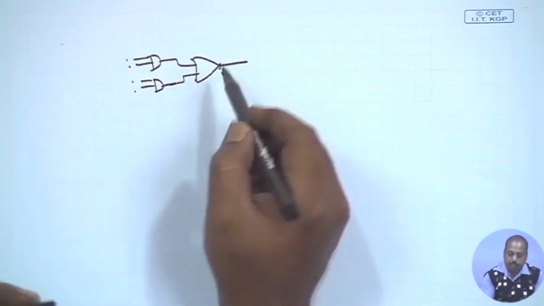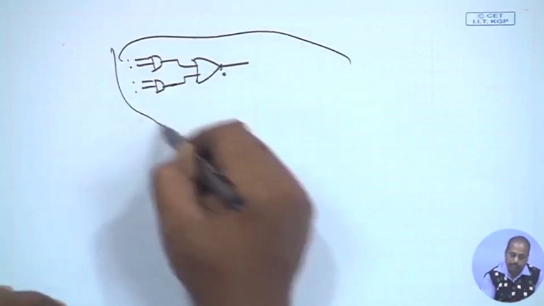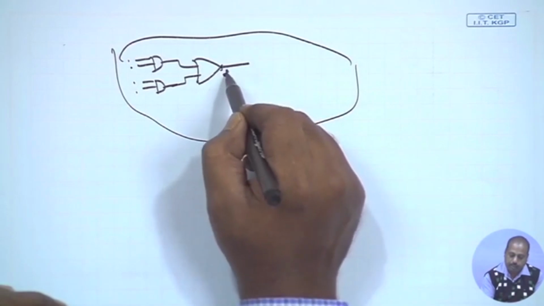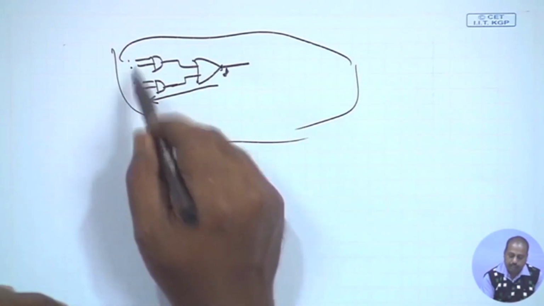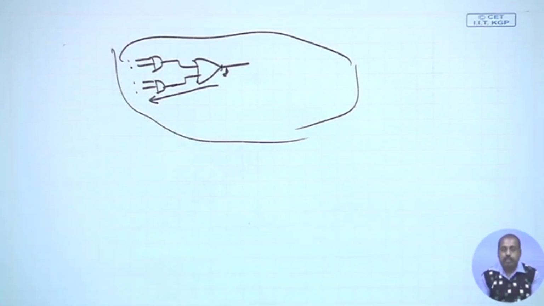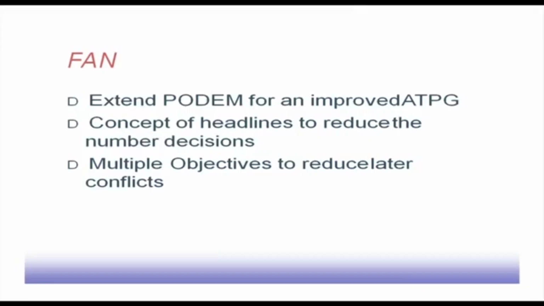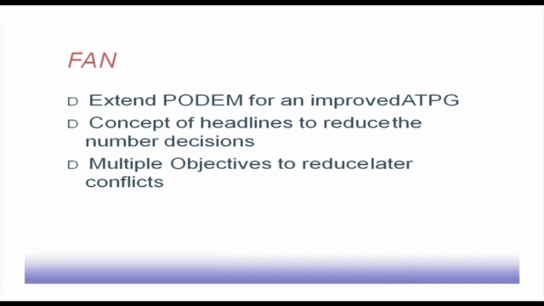So, if we reach this particular point in the circuit while backtracing, there is no necessity to trace back and try to justify at the primary input, knowing fully well that this part can easily be done and there exists a solution for it. So, once we reach this headline, we do not need to backtrack further.